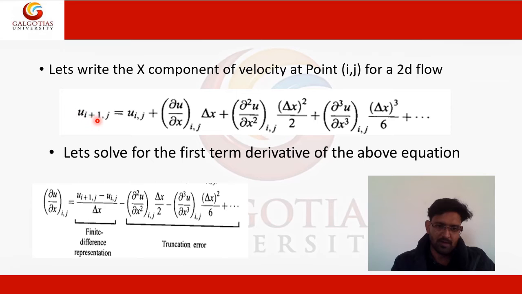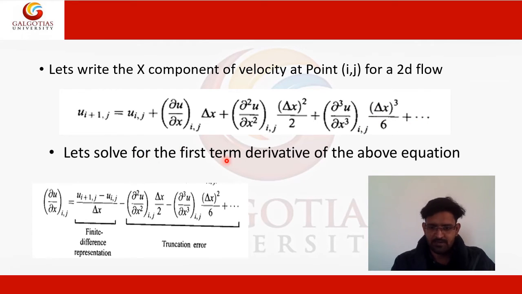Because it is 2D, we are considering the variation only in the x direction. So we can write u(i,j), that is f(x), plus del u by del x at (i,j) times delta x, then the second derivative del 2u upon del x2 at (i,j) times delta x squared by 2, then del 3u upon del x3 at (i,j) times delta x cubed by 6. In this way the Taylor series goes.